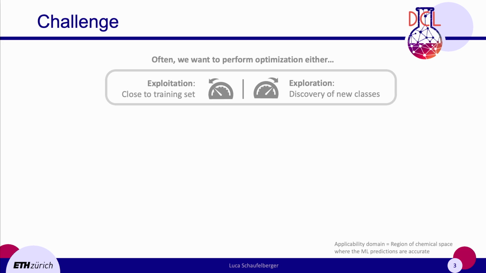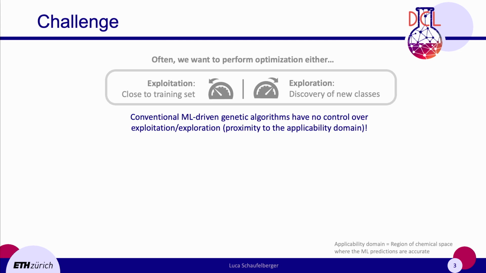On the other side, there's the exploration case where we move away from the training set, discover new material classes, but might risk some inaccurate predictions. Unfortunately, the conventional machine learning-driven genetic algorithms, which I introduced on the last slide, don't have any balance between this exploitation and exploration trade-off. So they can't control the proximity to the model applicability domain.